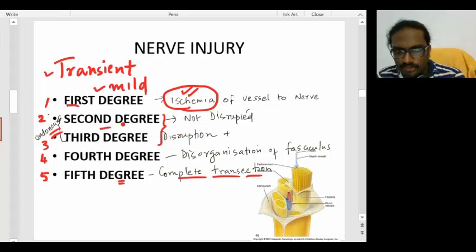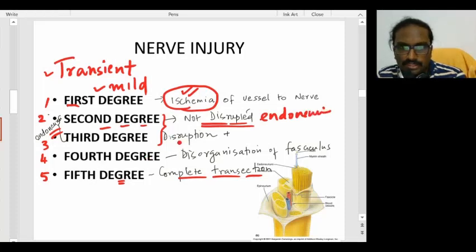In 2nd degree injury, the endoneurium is not disrupted. It's still there. But in 3rd degree injury, the disruption of endoneurium is what you are going to observe. So that is how you differentiate the 2nd degree and 3rd degree injury.